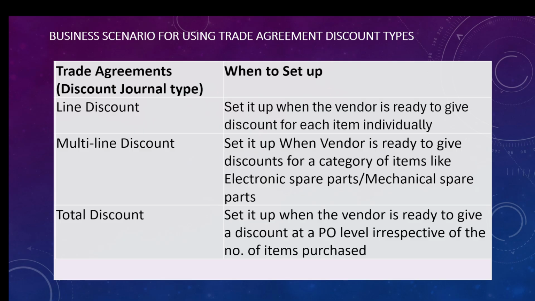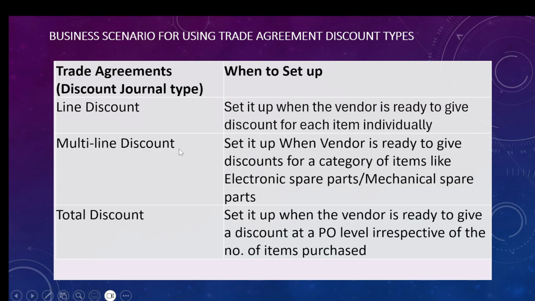When the scenario is different, the vendor says he is ready to give a discount for any items as long as they belong to a single category. For example, it could be an accessory, electronic spare parts, or mechanical. Whatever the item code, if together they meet a condition, like a quantity condition, then the discount is applicable. That's why it is called multi-line.